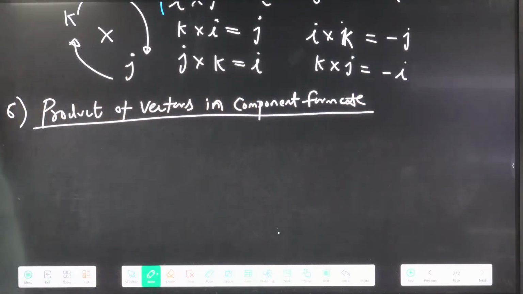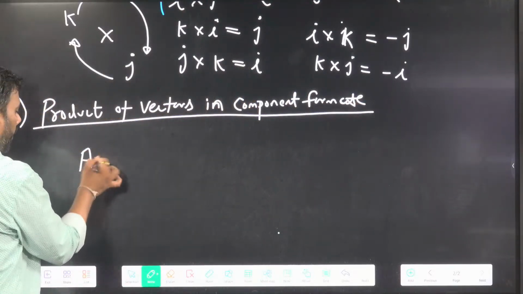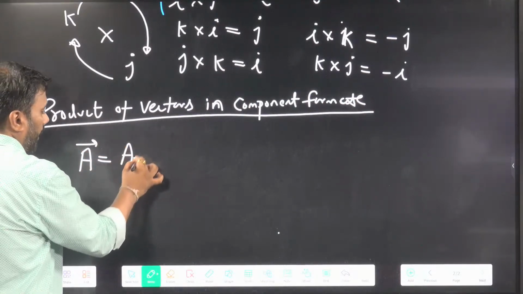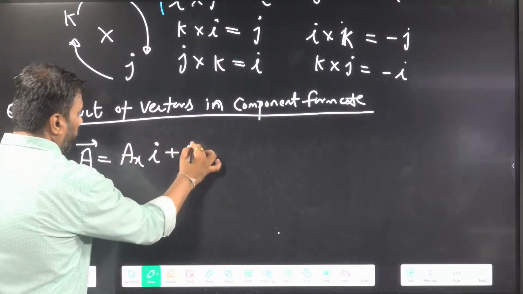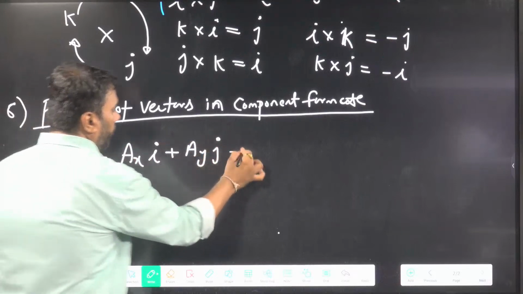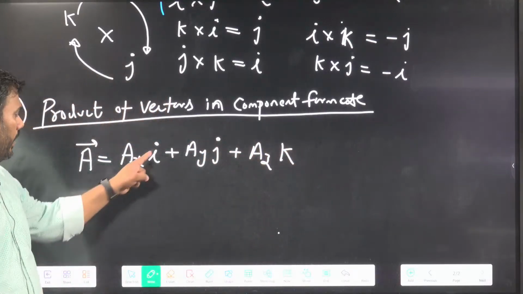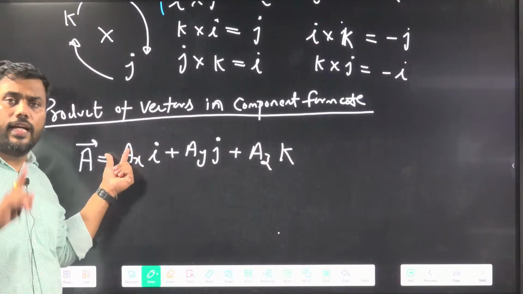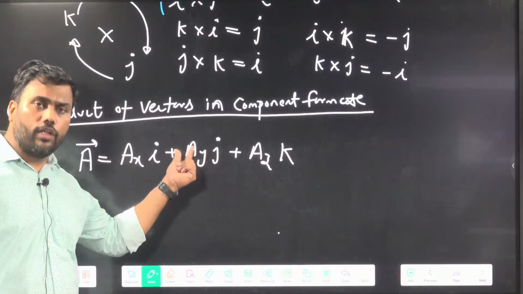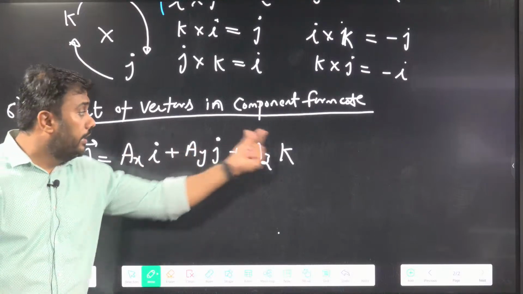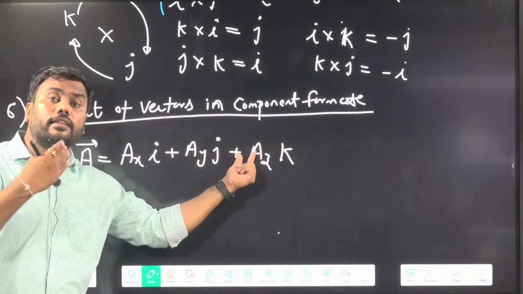Sometimes they will give you the vector in component format. Like this is your A vector, which has x component Ax, y component Ay, z component Az. Whatever is written with i is the x component of the vector, with j the y component, and with k the z component.